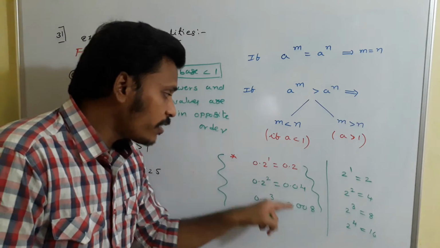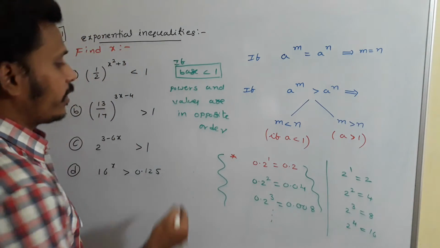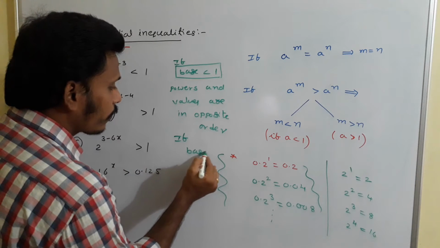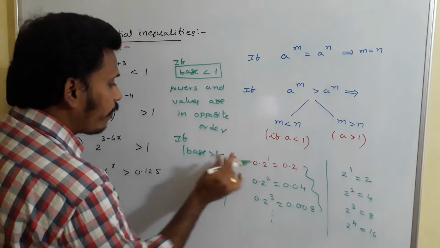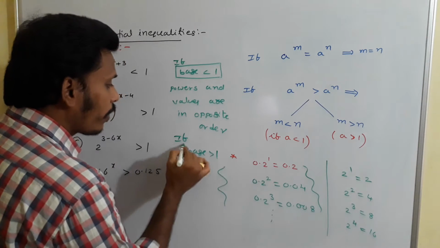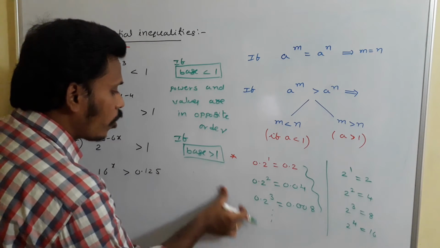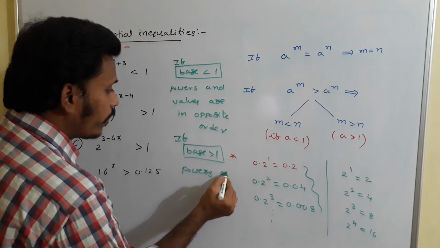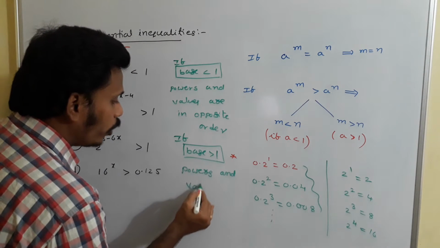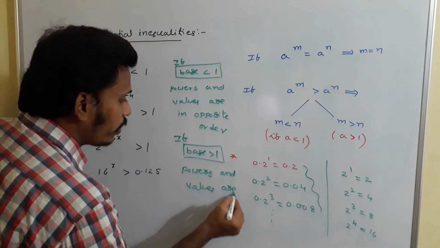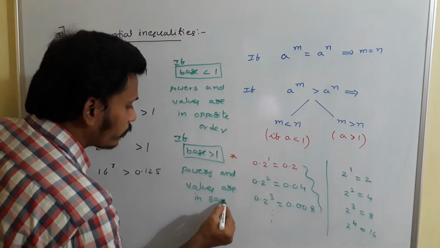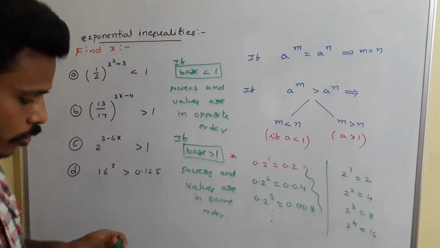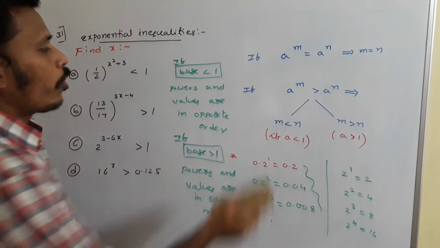If powers are decreasing, values are increasing. Like that. Whereas if base is greater than 1, then what we need to say? If base is greater than 1, powers and values are in the same order. That simple logic is enough to answer these questions. Okay, I will try to solve these questions now.